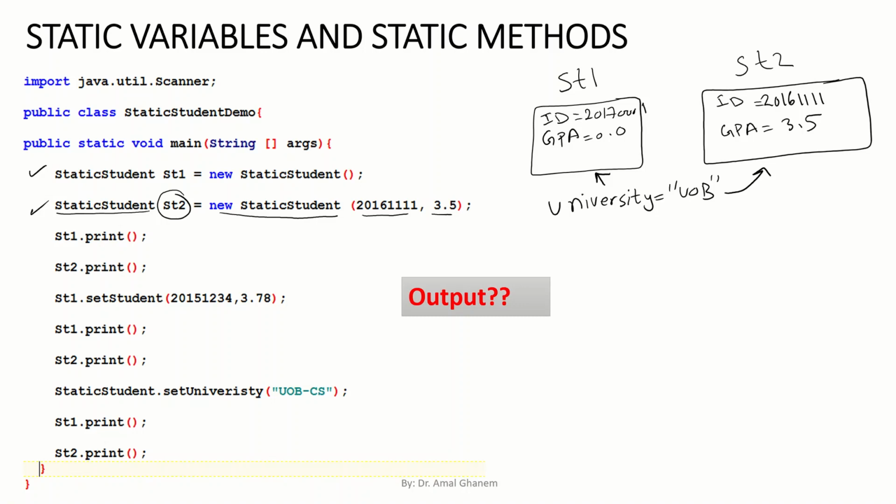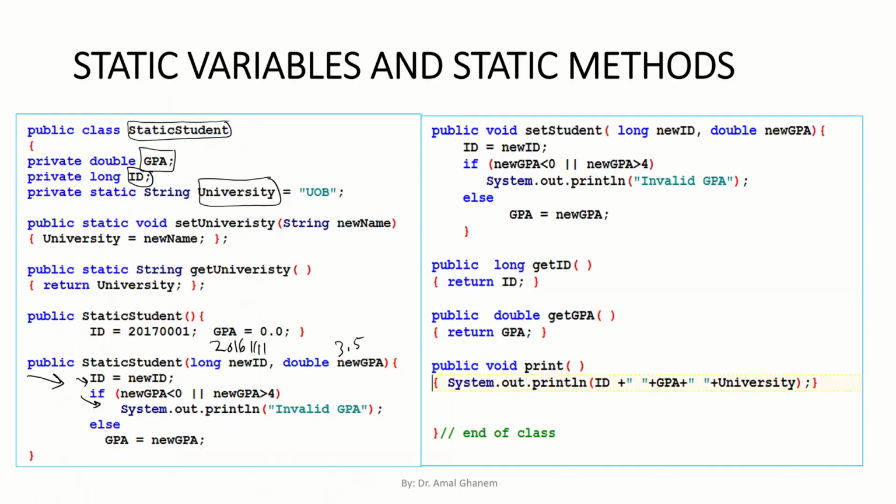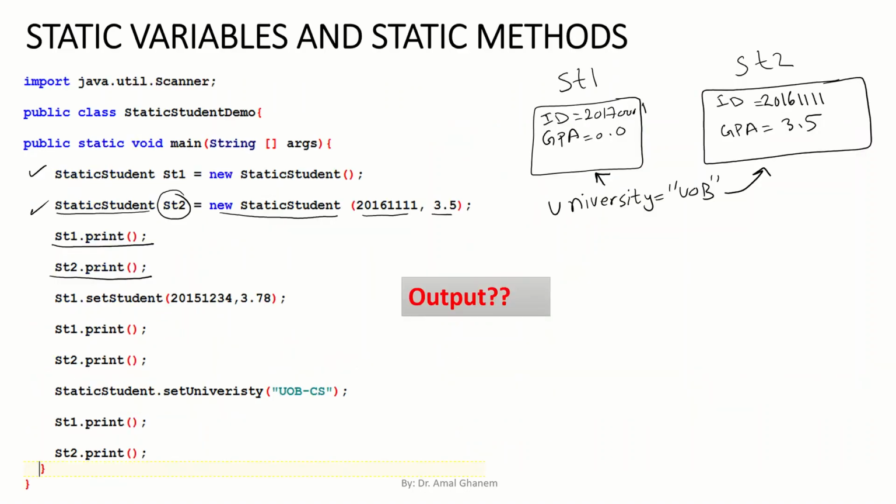Now I have to execute st1.print and st2.print. This is the printing method from the previous slide. I have to print the values of the ID, GPA, and university. So when I say st1.print, it means go to st1.